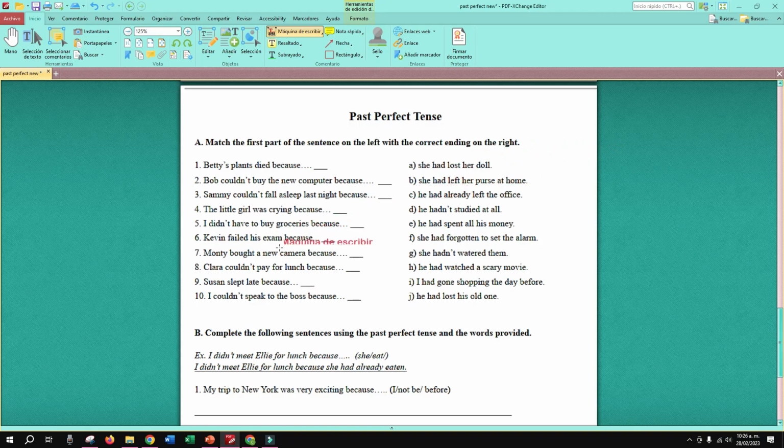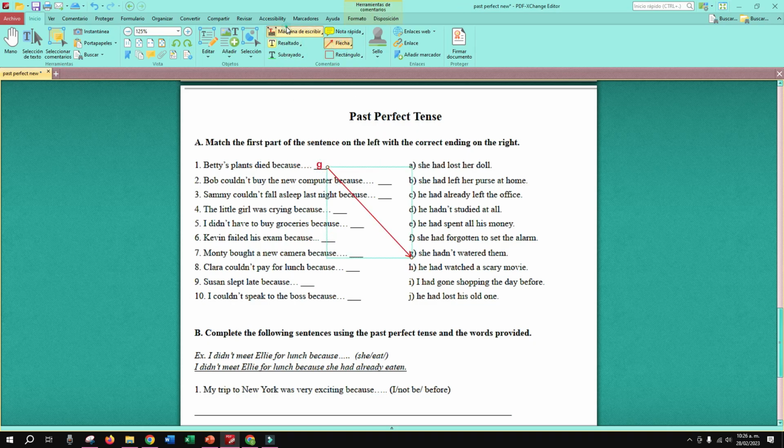Let's see the first one. Betty's plants died because what? You have many options here, A through J, right? So we can say G? Yes. She hadn't watered them, right? That would be the answer. Excellent. G. Good.